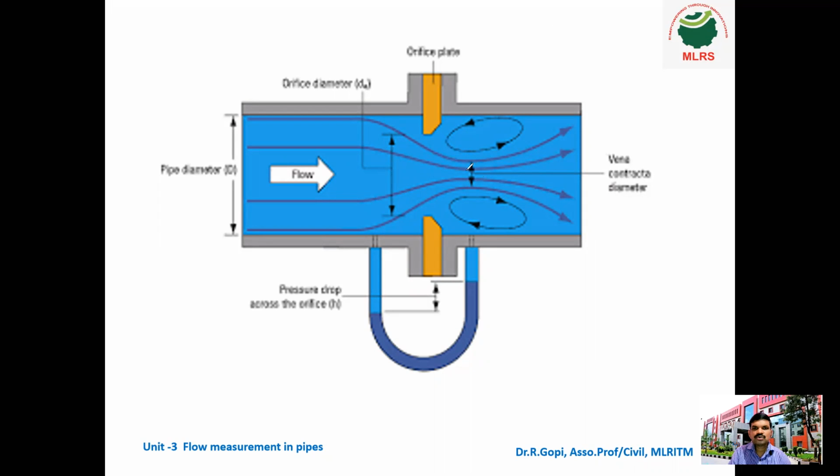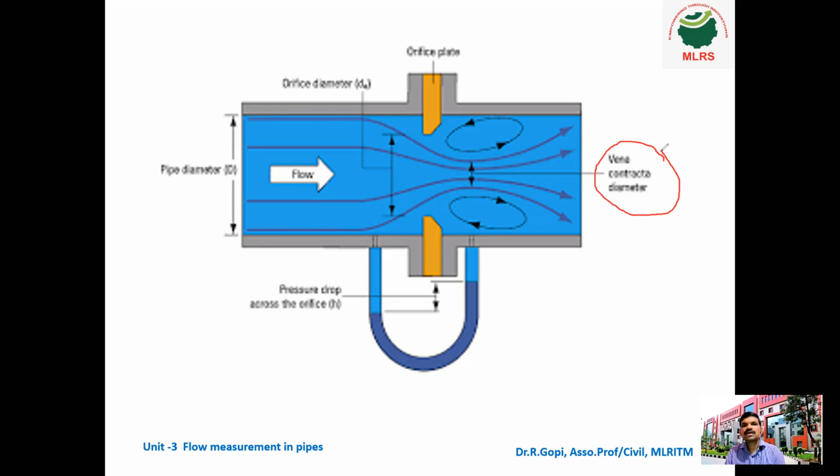After leaving the orifice hole, the flow diameter decreases at some portion. You can see here the streamline: water flows up to this point, and due to the small diameter it is contracted, and again it is enlarged. This portion, having the least diameter of flow, is called the vena contracta diameter.